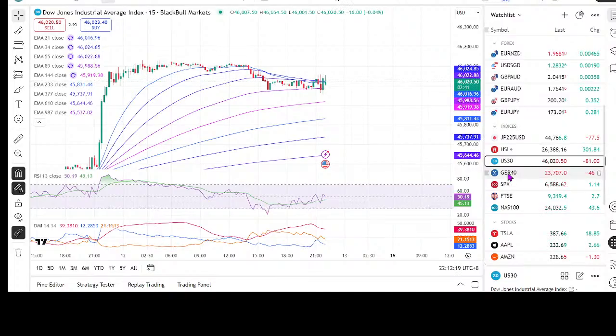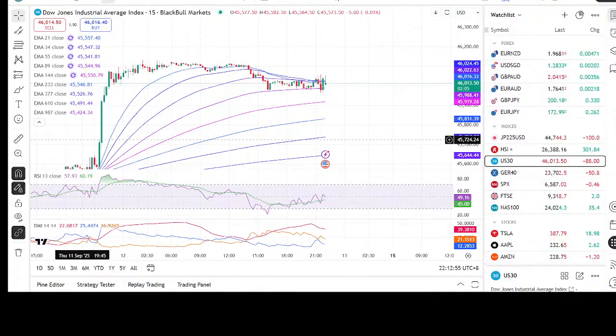Right now this market is showing 46.023. Let me see. This is trading at 46.030, which is the level trading right now.